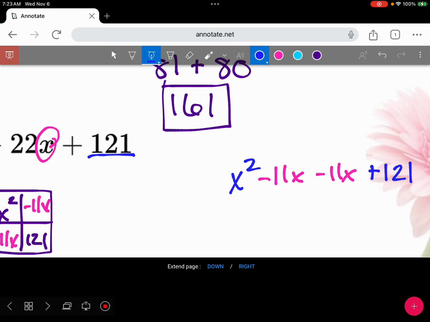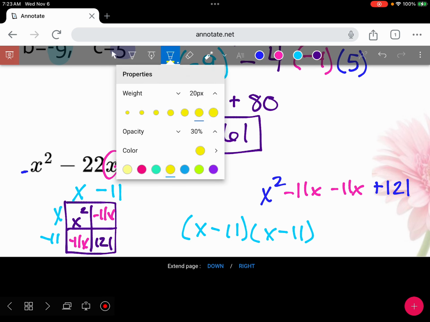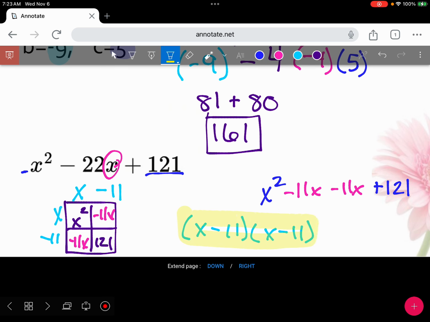No matter which way we do it, what factors are we getting? X minus 11 and X minus 11. So our factored form, we can write as X minus 11 times X minus 11. Or since those two things are exactly the same, what else could we write that as?